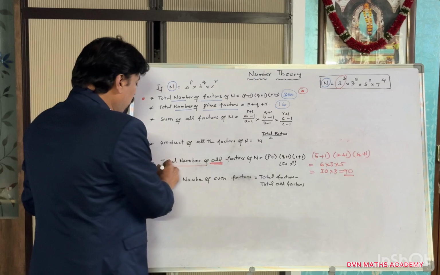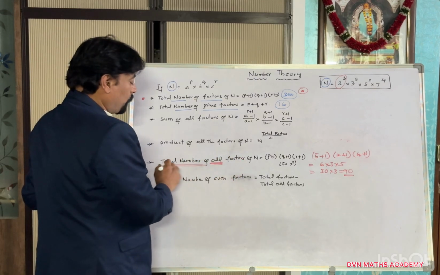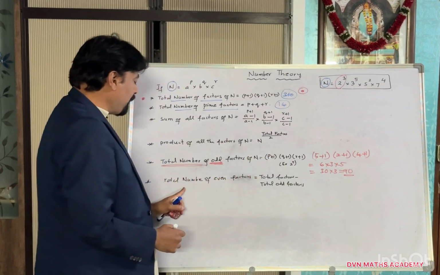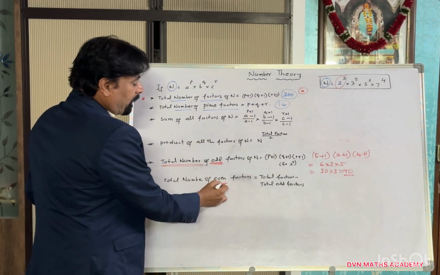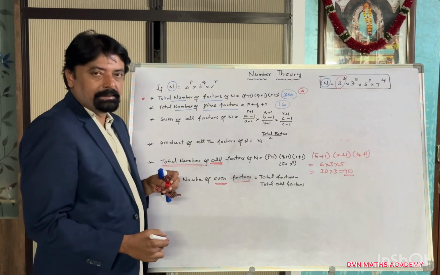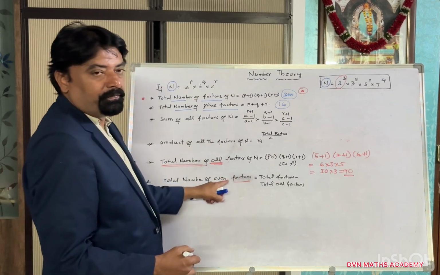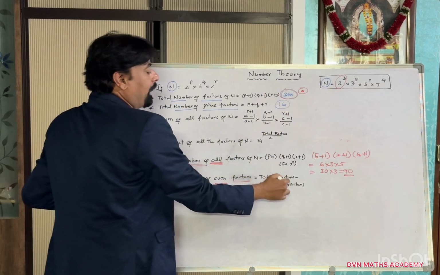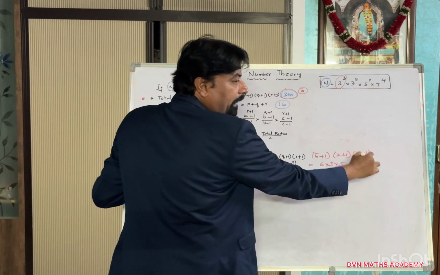And we know the total number of odd factors of the given number, that is 90. So now he is asking the total number of even factors. In an exam, if they ask for the total number of even factors, 100% you are required to find the total factors and then find the number of even factors.